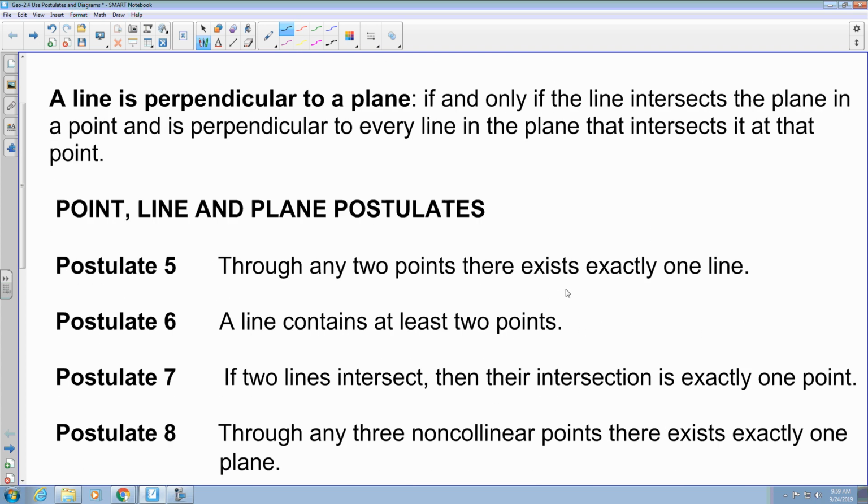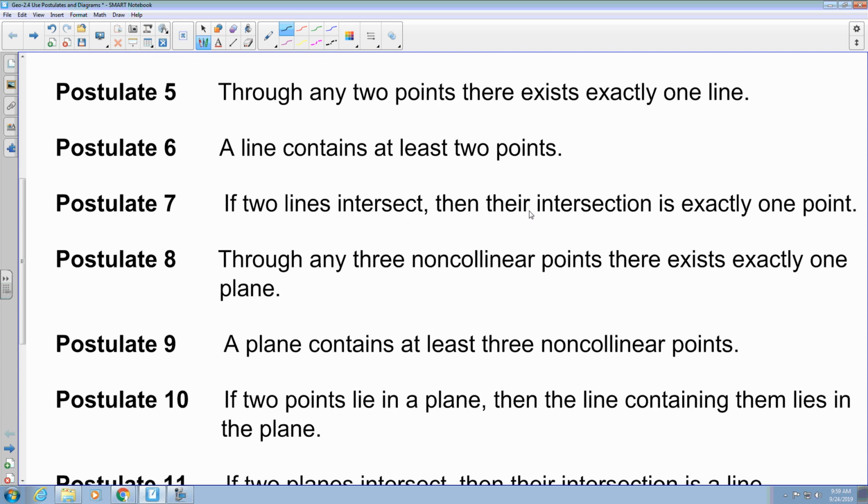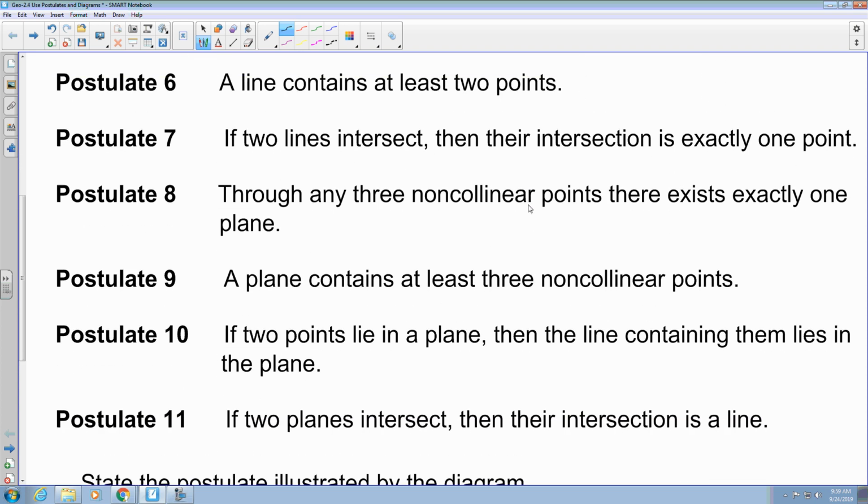And we have a series of postulates here that are towards points, lines, and planes. So we got point, line, and plane postulates. I'm not going to read them all to you, but we're definitely going to use a majority of these postulates as we move forward, not only in this section, but in future sections to come.